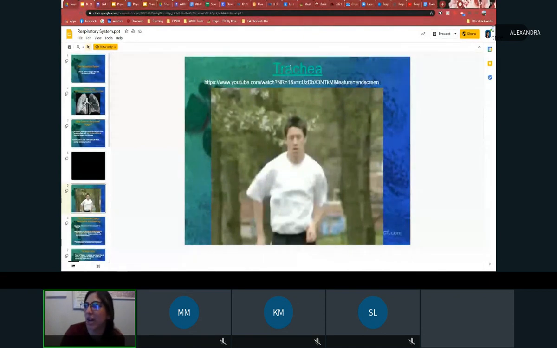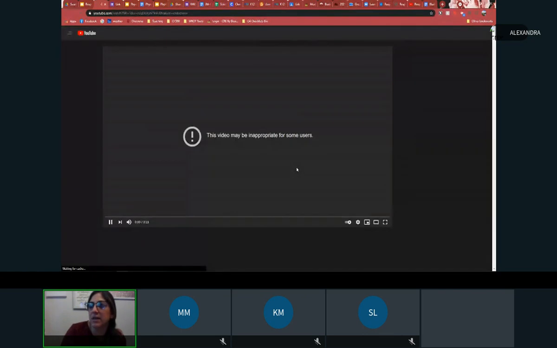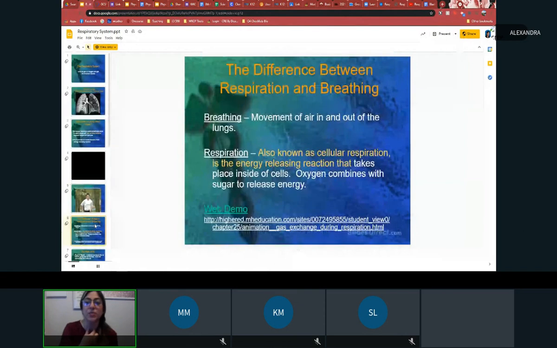So this was going to talk about the trachea. This was going to talk specifically about how the trachea, this isn't available any longer. How the trachea is that big long tube that is right next to the esophagus. And the esophagus is specific to the stomach.